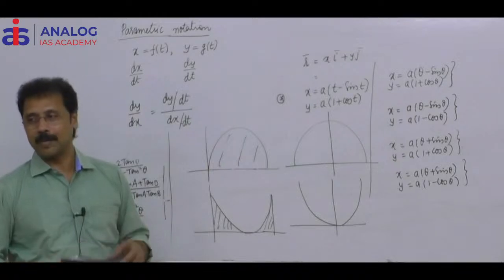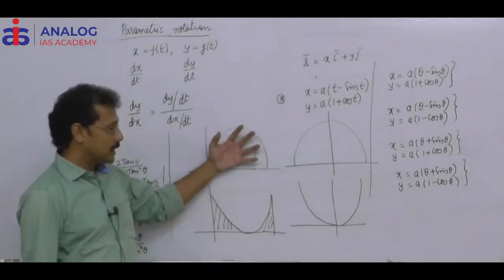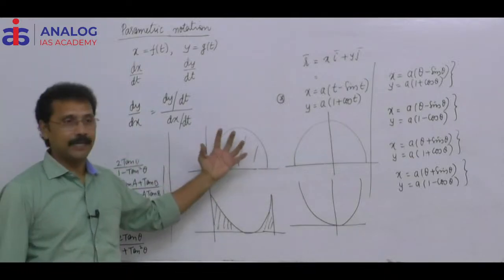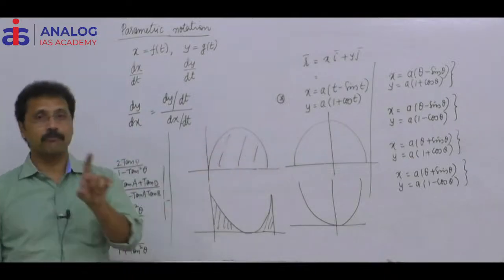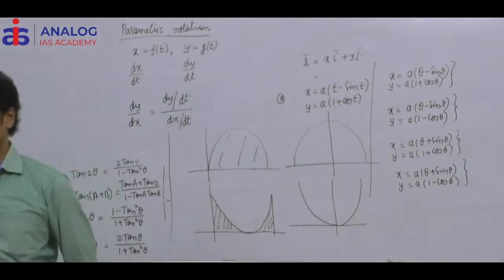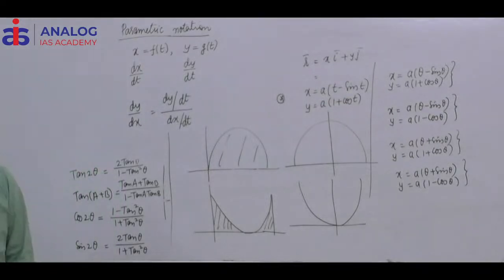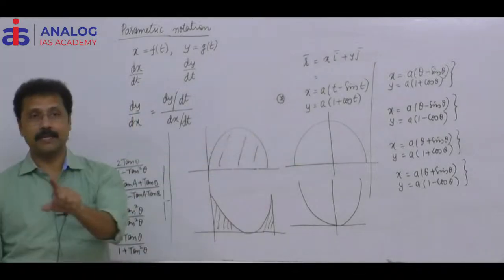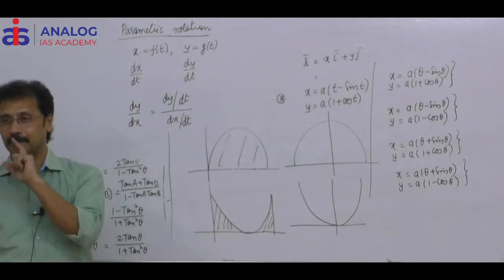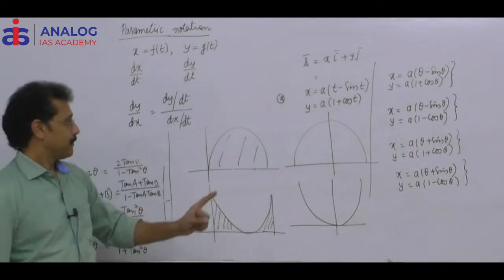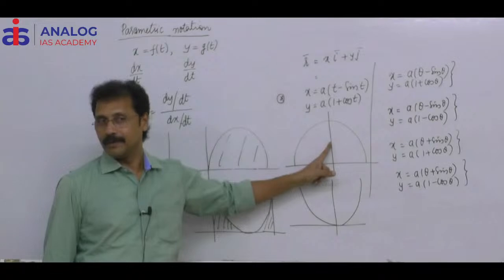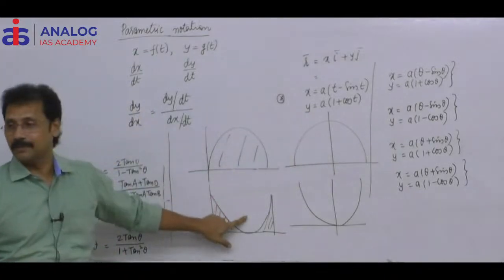Now this area sweeps a certain volume. You will get a three-dimensional object. What is the volume of that three-dimensional object? That can be a question. Or what is the surface area of that three-dimensional object? Getting my point? For this and this, you will get similar answers. But for this and this, you will get different answers.